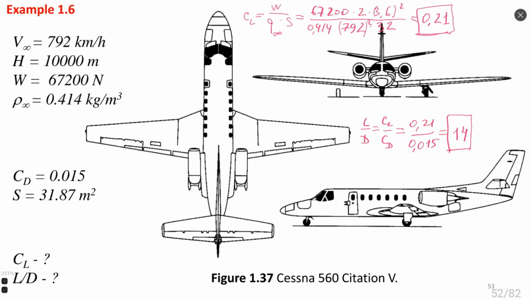And the physical meaning of this 14 is that the thrust of our engine can be 14 times smaller than the weight of our airplane. So to fly in these conditions, we divide our weight by 14, and we obtain the thrust of the engine which we need for this flight at constant velocity and constant altitude. And that's quite acceptable.